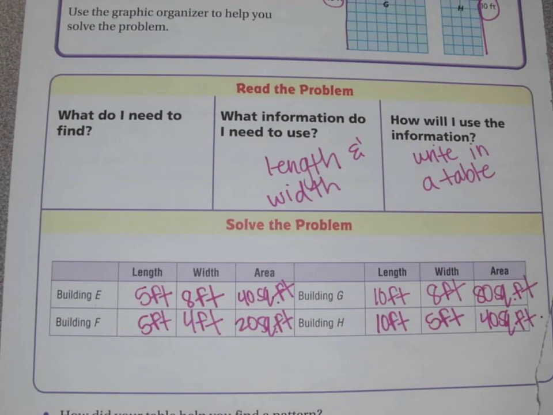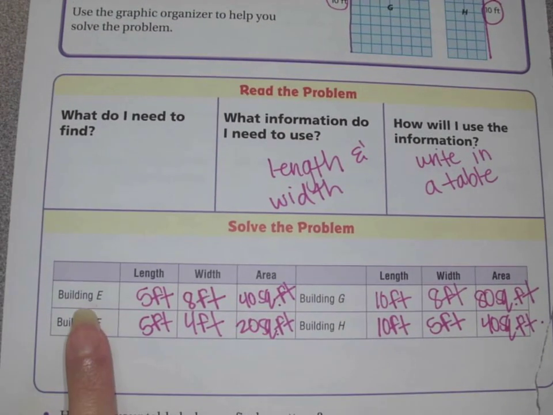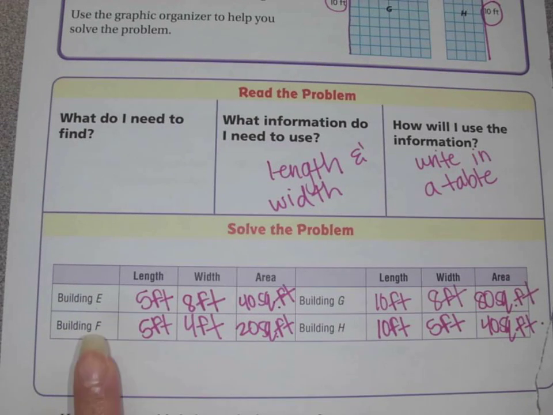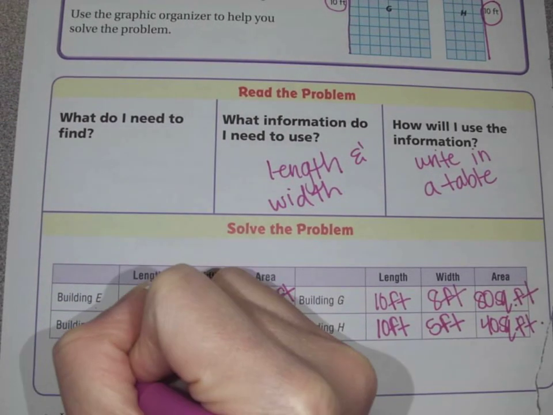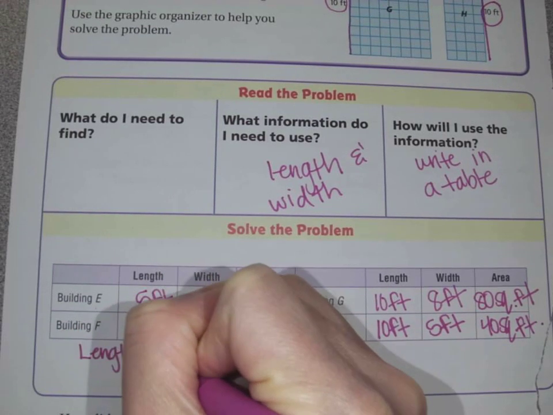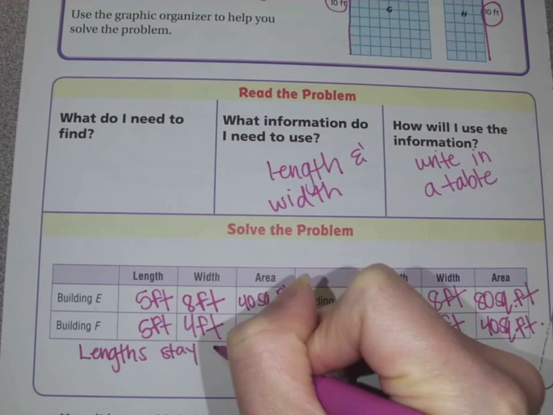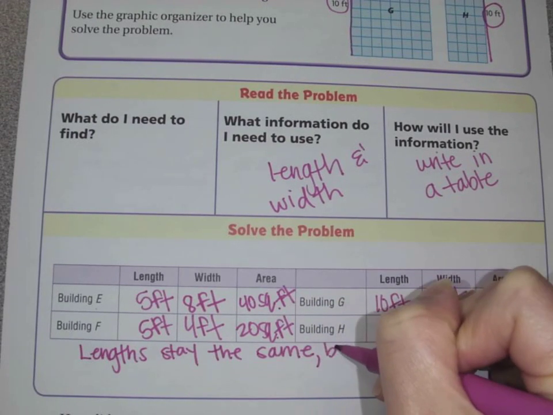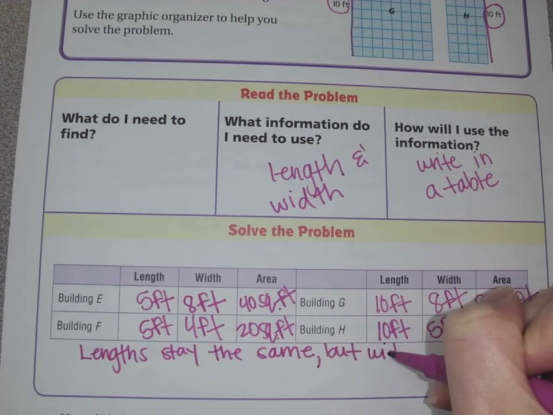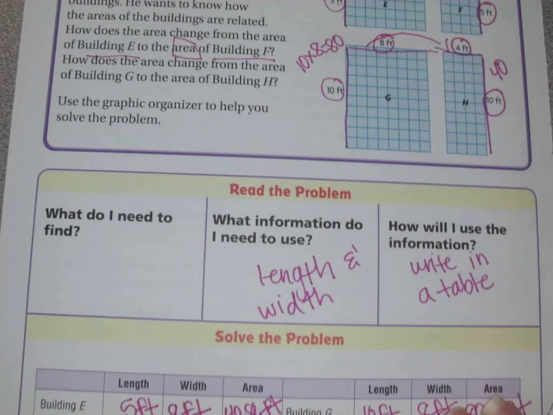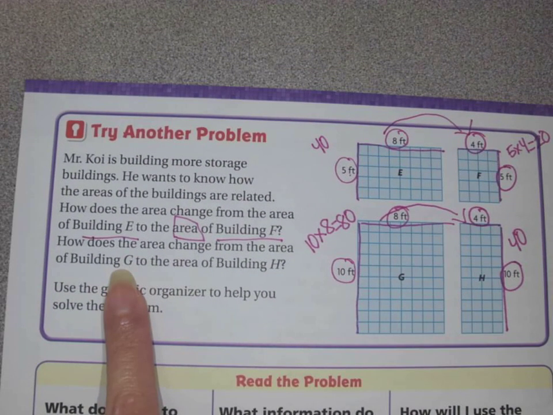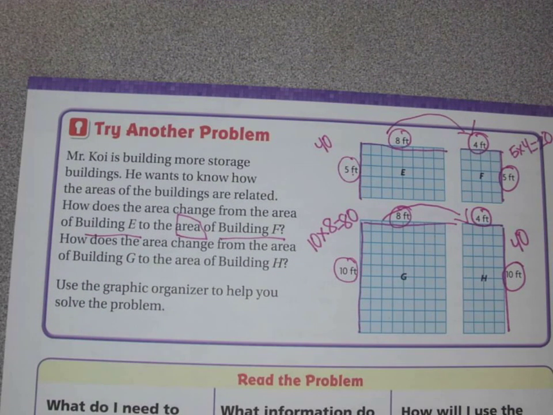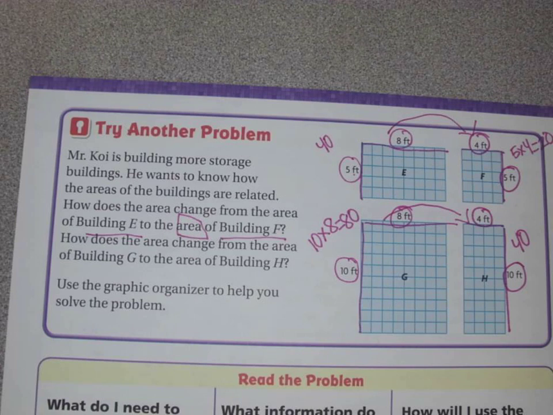It looks like, let's look at building E and F. In building E and F, their length stays the same. But this time, boys and girls, let's check out the width. And remember, I'm writing this because that's what the word problem said. It says, how does the area change from buildings E to F and the areas from building G to H?